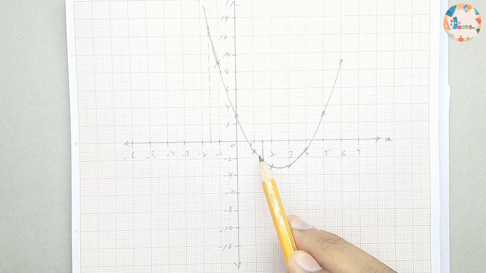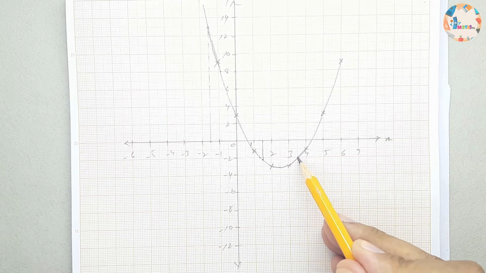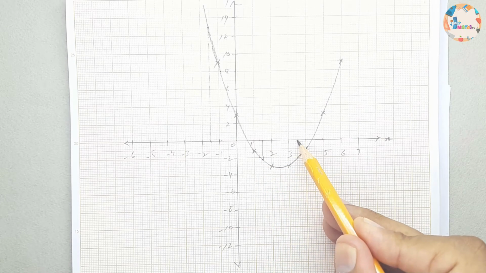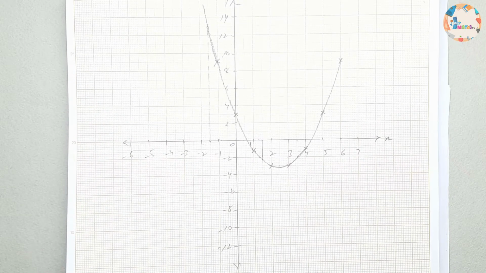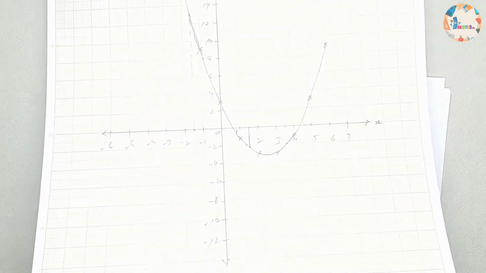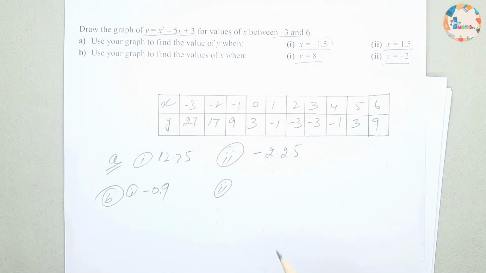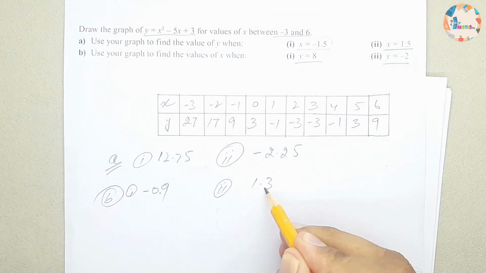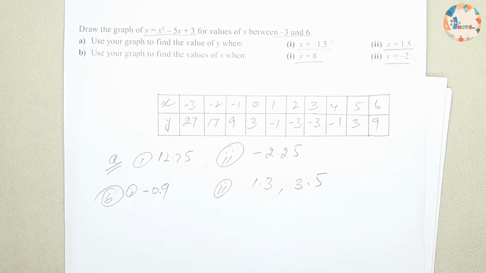So this value will be 1.3 and this value will be 3.5. 1.3 and 3.5. So we can write answer as 1.3 and 3.5. This will be x value.